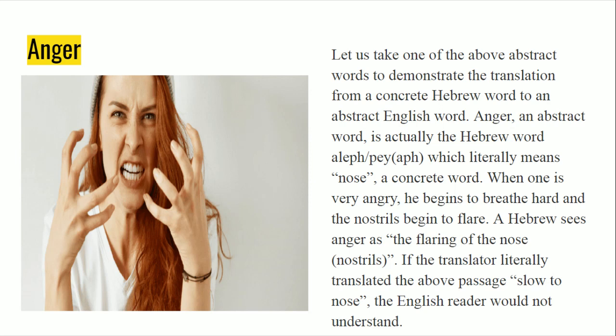When one is very angry, he begins to breathe hard and the nostrils begin to flare. A Hebrew sees anger as the flaring of the nostrils. If the translator literally translated the above passage as slow to nose, the English reader would not understand.